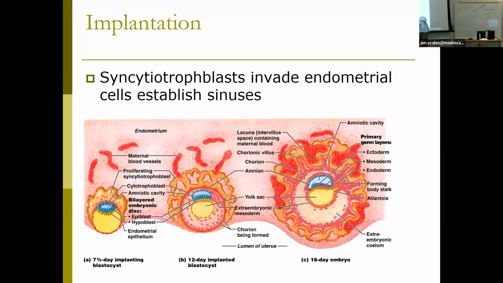But you still have this three-layered embryo between two fluid-filled vesicles. One of those vesicles is the amniotic cavity. The other one is the yolk sac. And the yolk sac is nothing but the remnant of the blastocele. At this stage, one really crucial thing is going to happen.